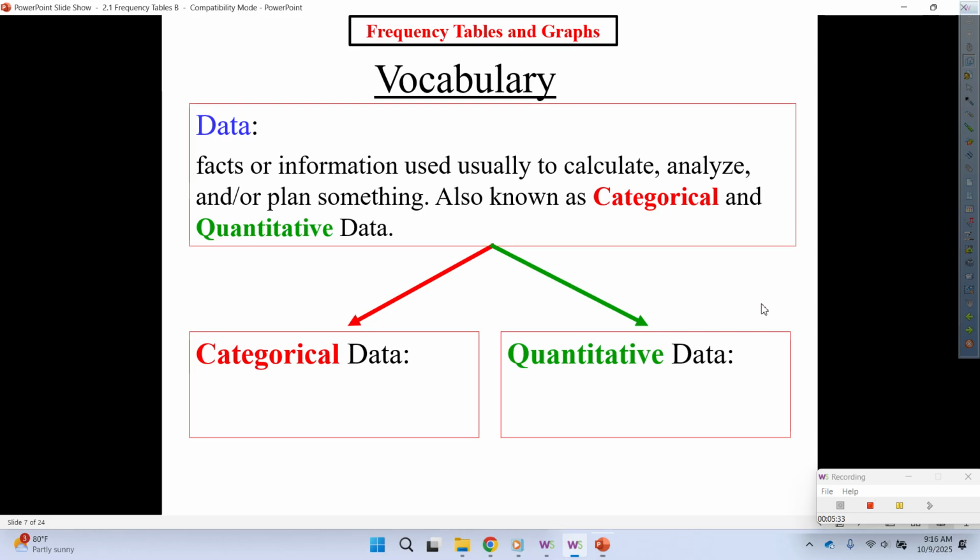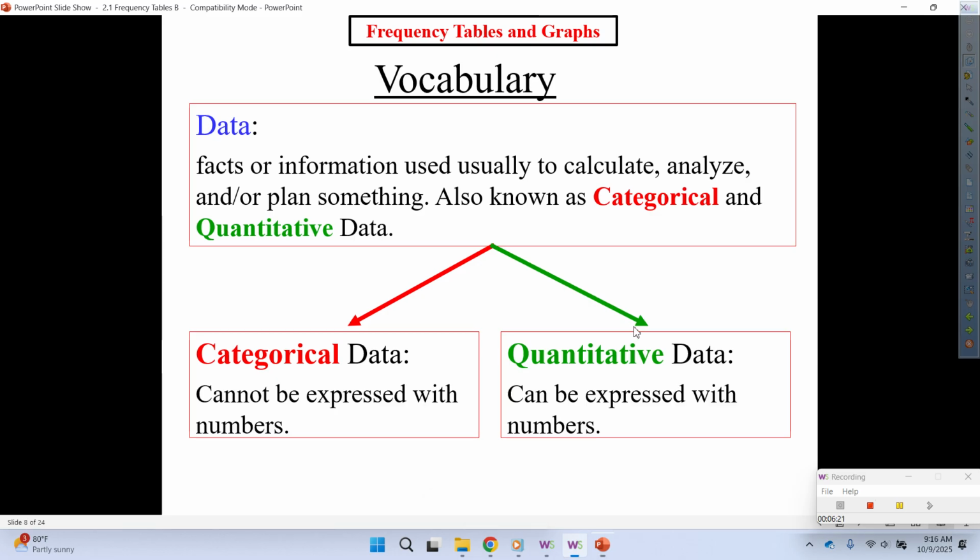All right, let's go with Enrique. We haven't called on Enrique in a while. Difference between categorical and quantitative. Quantitative, yes. Numbers, and the other one, no numbers.